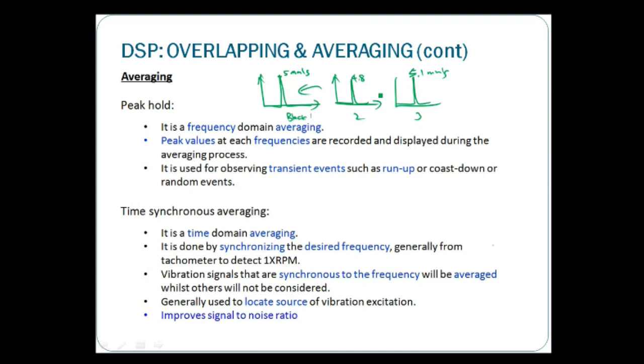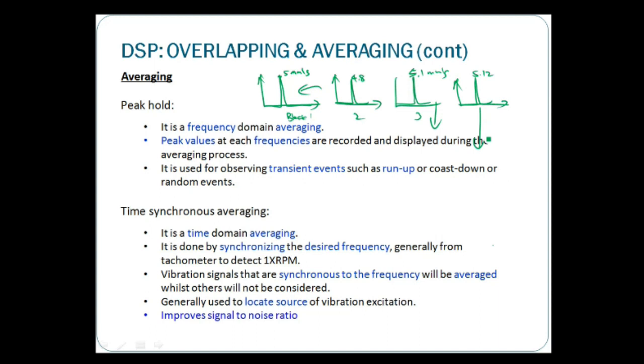If you are doing peak hold averaging, it will show this. Then another block coming in is 5.12, then it will show this. So that is peak hold.